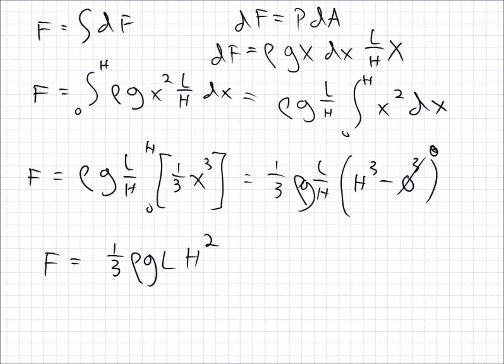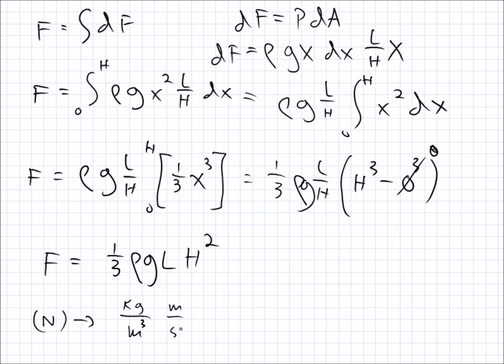G. Well, it's kind of weird looking, so let's see if it makes sense dimensionally, as in let's look at the units. We should end up with a Newton, right, as a unit. So here for density, we have that density is mass over volume, or kilograms per meter cubed. G, well, we know that's acceleration due to gravity.